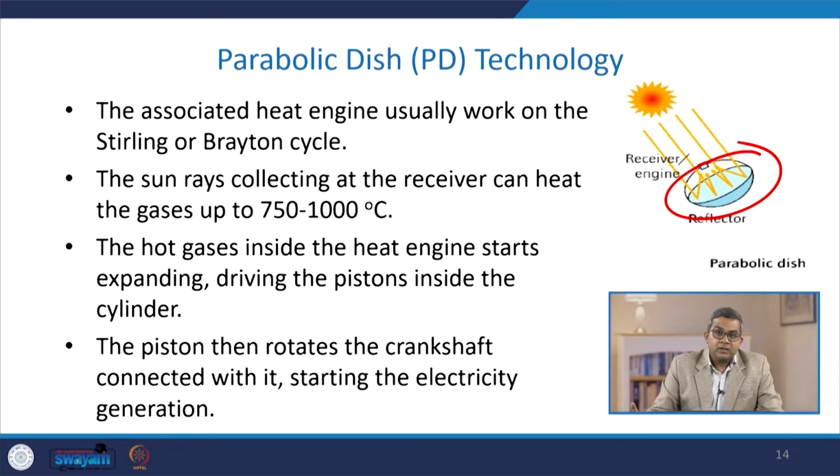The hot gases inside the heat engine have a tendency to expand, driving the piston inside the cylinder. The piston then rotates the connected crankshaft, starting the generation of electricity. So it's a very simple and very common phenomenon.